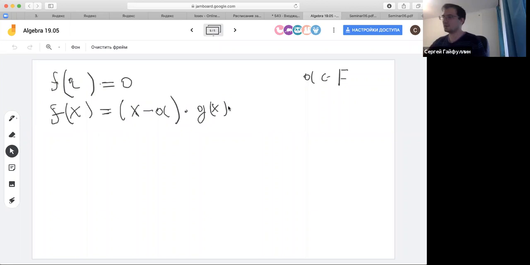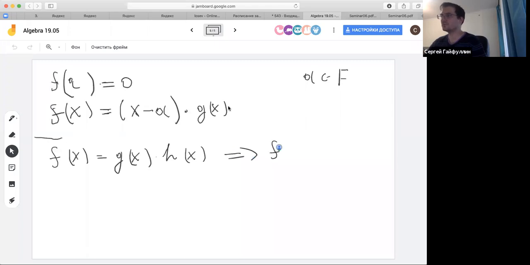But the task is not only this. The second part of the task is that if f is a product of g multiplied by h, then f has a root. We need to prove this one.